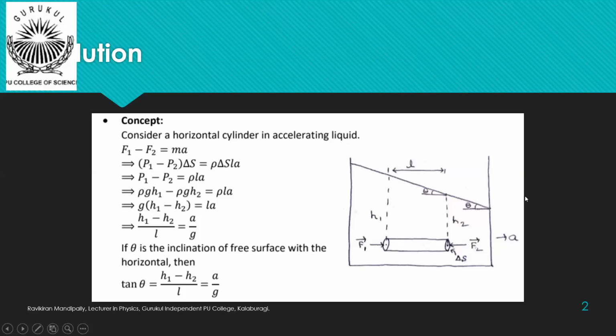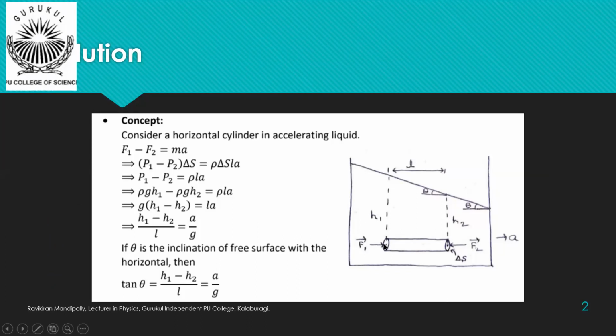And in such a container, if you consider a small horizontal cylinder as shown in the diagram, the two flat surfaces of the cylinder experience the forces due to the liquid surrounding them.